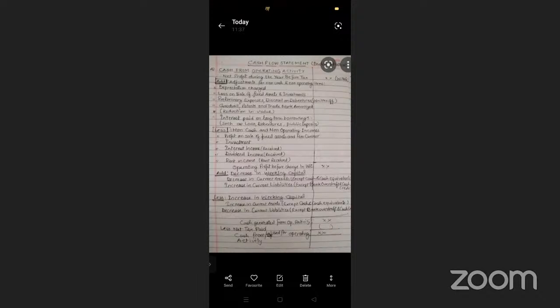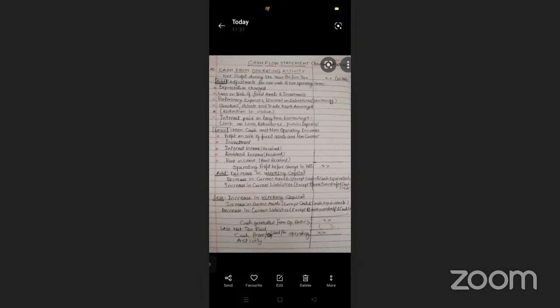To that we will add all adjustments for non-cash and non-operating items.